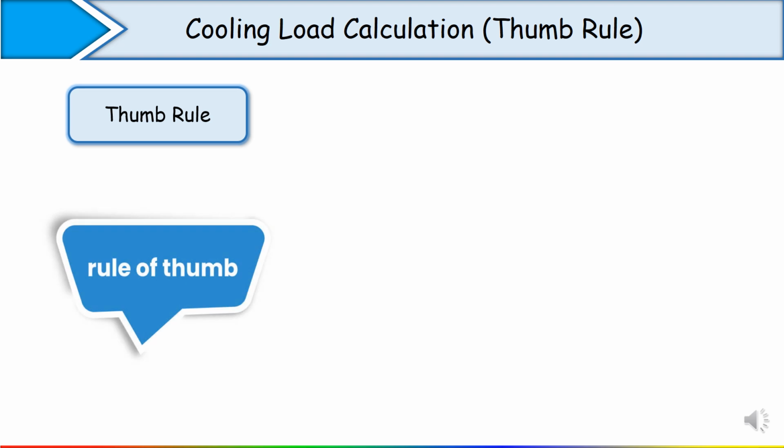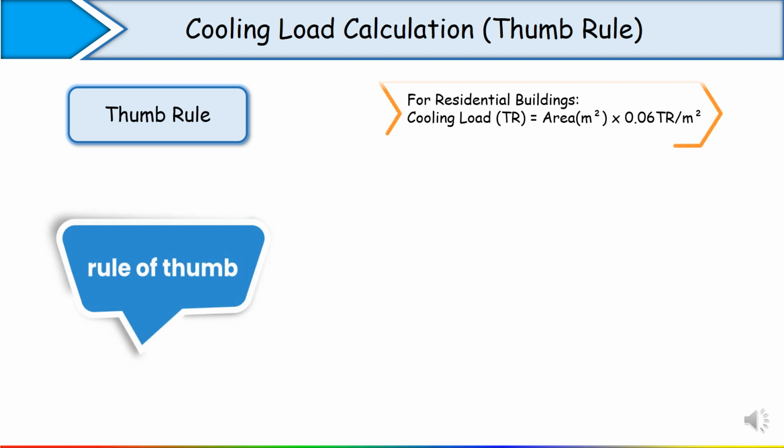So here the thumb rule is given. For example, if you are calculating the heating and cooling load for a residential building, the cooling load in TR, ton of refrigeration, is equal to the area of that space in square meter into the cooling factor 0.06, the unit is TR per square meter.